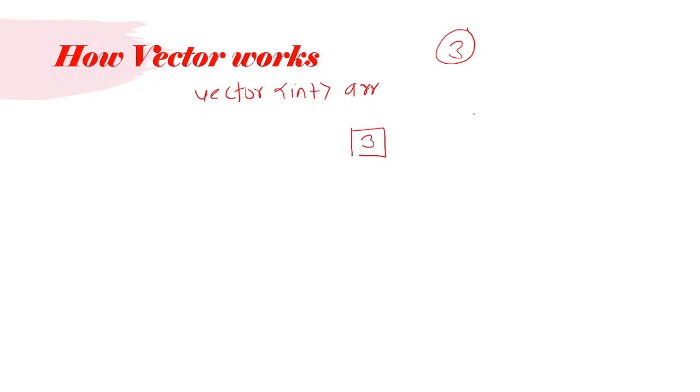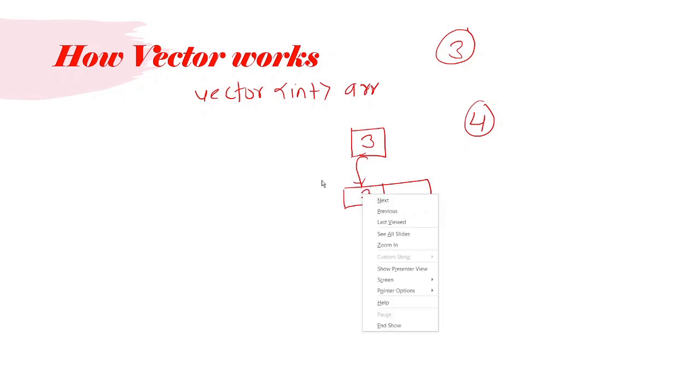Now say, for example, I want to insert 4. Now check, do I have space to insert 4? No. So what the compiler does is simply double the size of the previous one. Previously I had the size of 1, now it gets doubled, that is size 2. It copies the element of the previous vector into the new vector, that is 3, and now inserts the new element, that is 4.